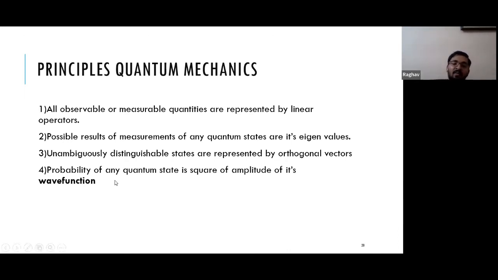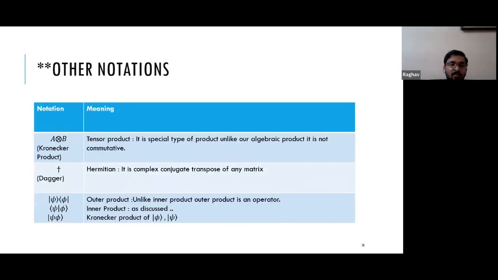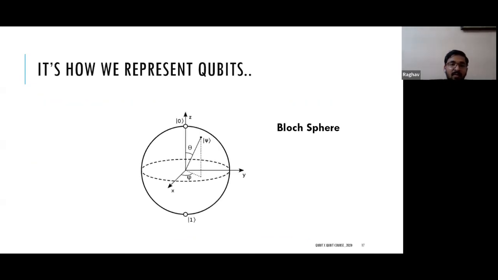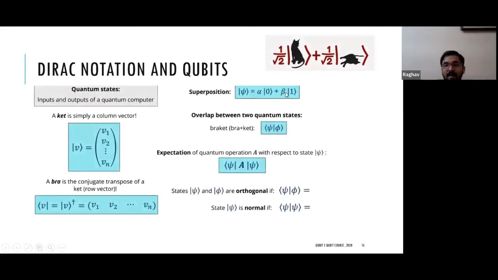We will not go through the wave function. It is a difficult thing for today's discussion, but for the sense of completeness, I will tell you what this amplitude means. Here, alpha and beta are the amplitudes.